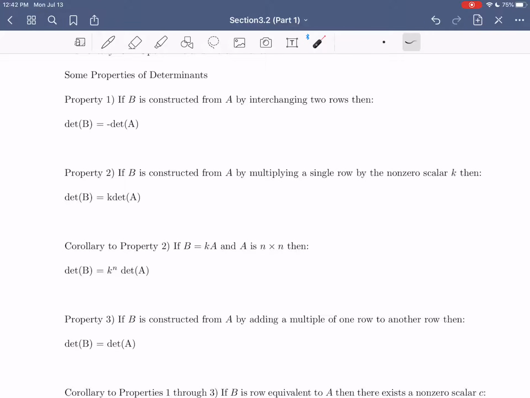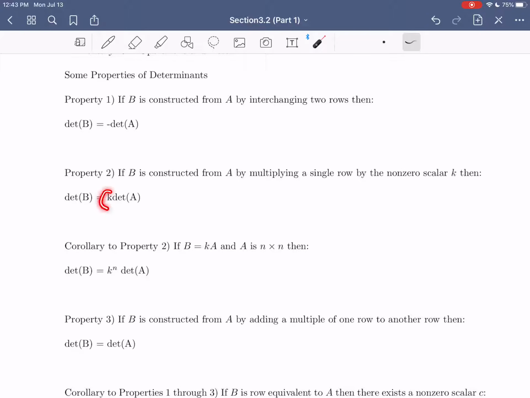As a quick follow-up to property 2, this would be considered a corollary to property 2. If matrix B is k times matrix A, in other words, matrix B is a scalar times matrix A, keep in mind that if we consider A to be n by n, then this scalar multiplies onto each of the n rows. So by this property, you multiply n different rows by the non-zero scalar k.